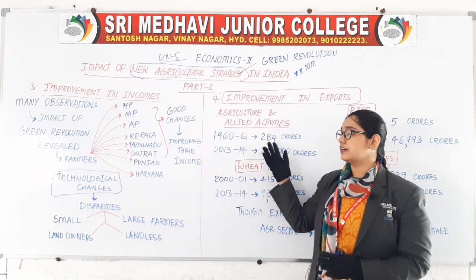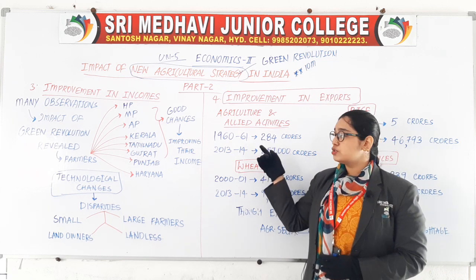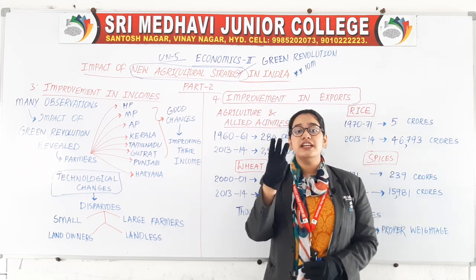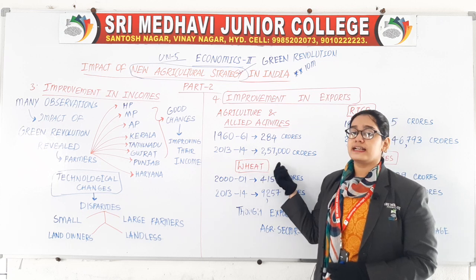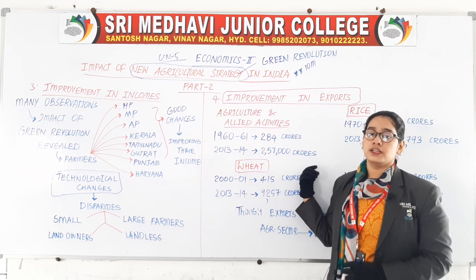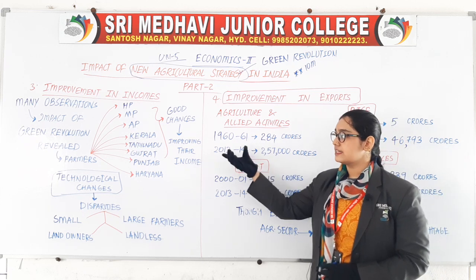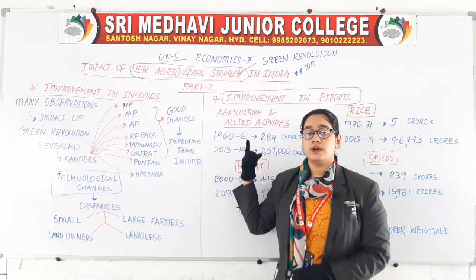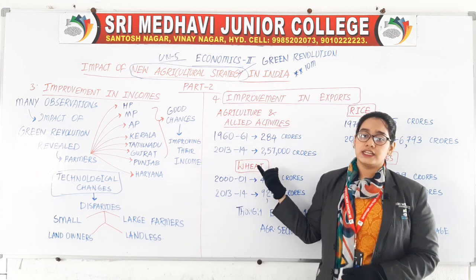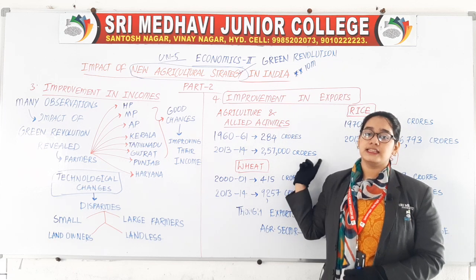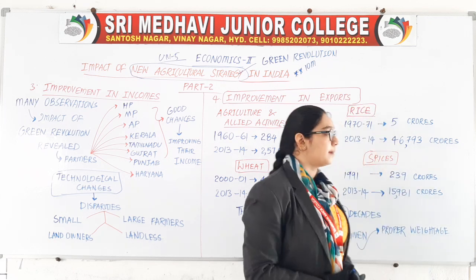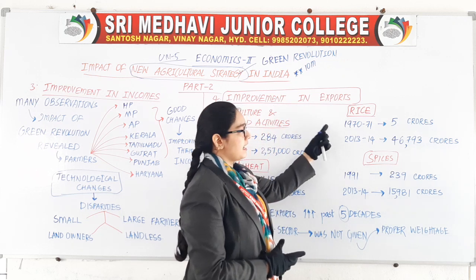You can see what a drastic increase there is. 284, just a 3-digit number, has increased to 2,57,000 crores. Just learn by heart the years 1960 to 61 and 2013 to 14.